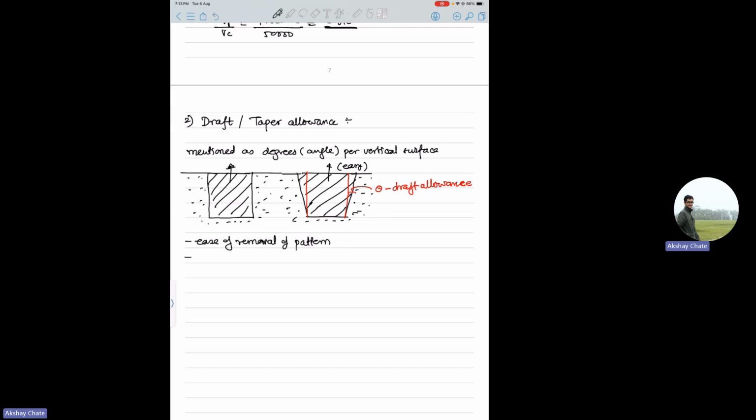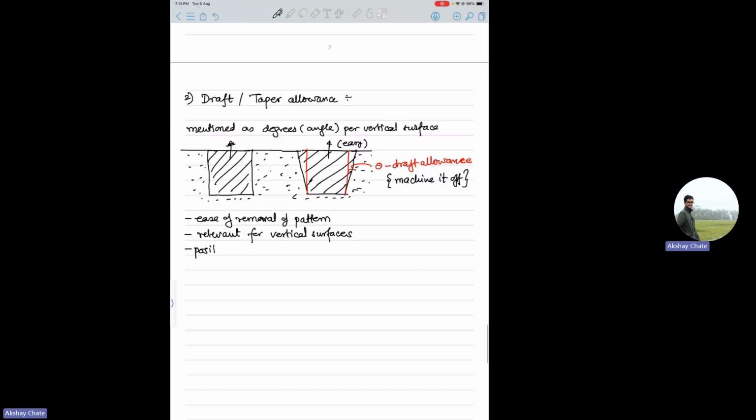This is relevant for vertical surfaces. Okay, so it's not on horizontal surface or tapered surfaces. Typically for vertical surfaces, this is given, and then you can machine it off. So whatever extra material you have, in the end you just machine it off. Okay. So this is also positive allowance, because you make your pattern bigger than your actual casting, because then you have this extra material, so that you remove. So therefore, it is positive allowance.